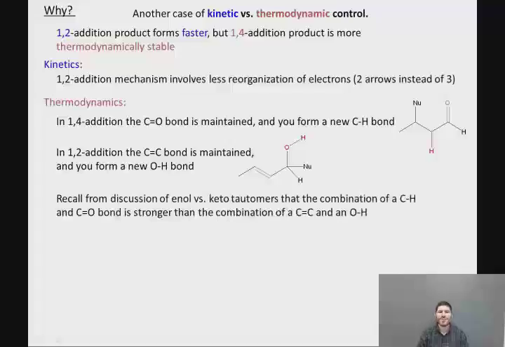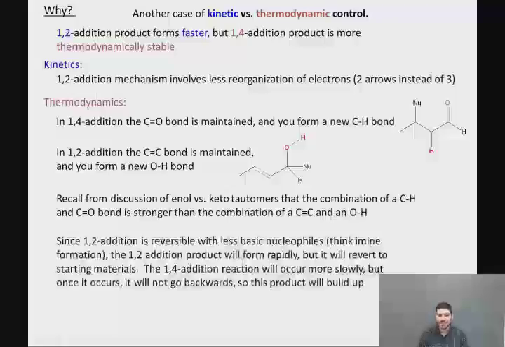Well, recall from our discussion of enol versus keto tautomers that the combination of a CH single bond and a C=O pi bond is stronger than the combination of a C=C pi bond and an OH sigma bond. That's the reason why the keto tautomer is favored over the enol tautomer.